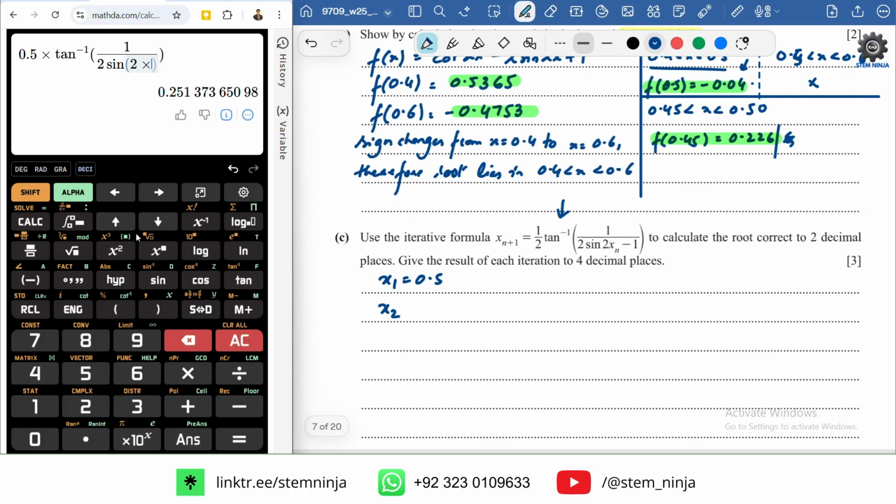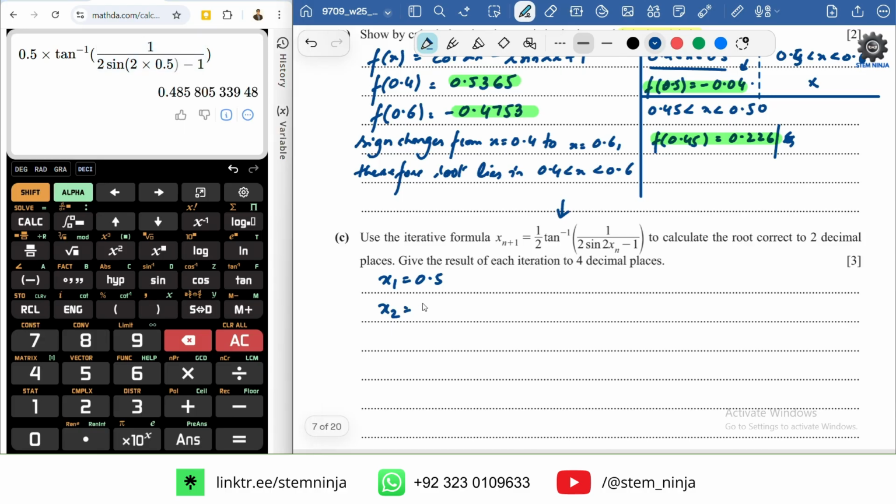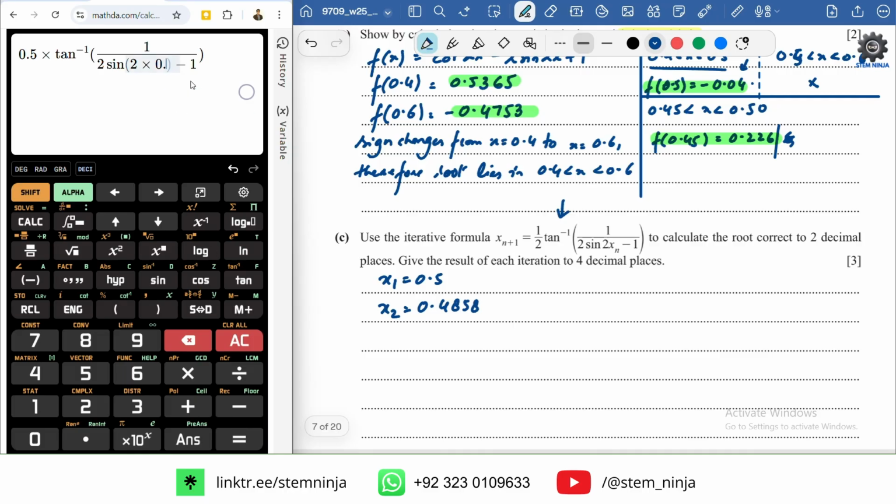I think I should have saved 0.5 first. Okay, we'll do that later on. So this is 0.4858. Okay, so I save this one first, and instead of 0.5 I plug in the answer.